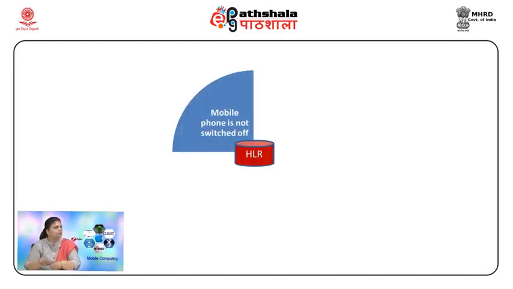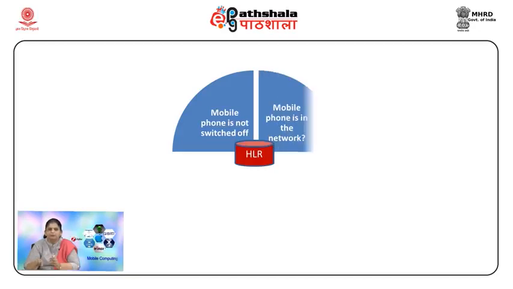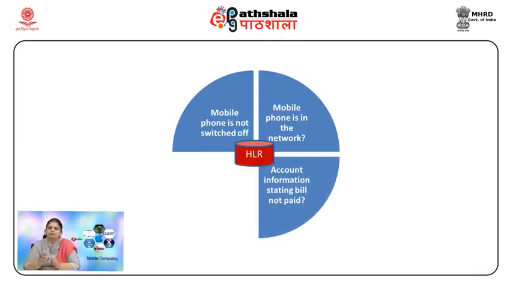So, what needs to be known? Firstly, the mobile phone is not switched off, because since it is a mobile terminating call, we need to know that it is switched on. Secondly, it should be known that the mobile phone is in the GSM network. Then it has sufficient accounting balance.